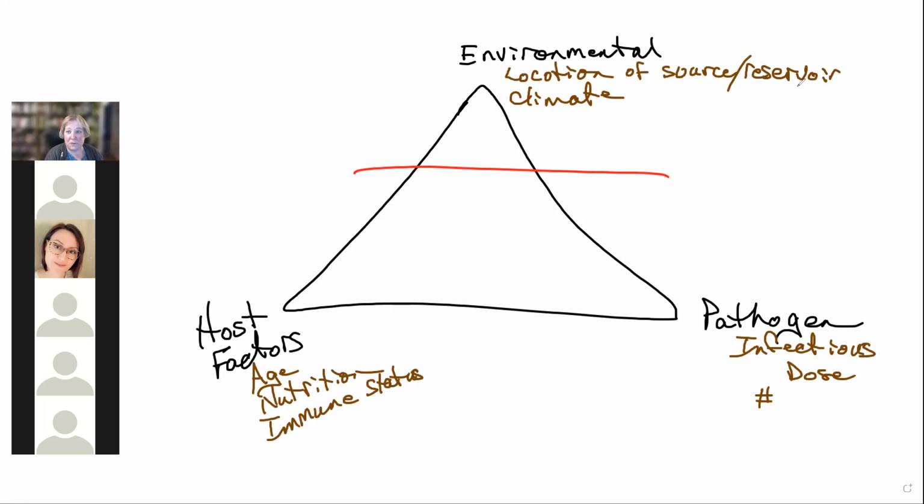Since it's the reservoir, we can't disinfect the lake, but we can keep people out of it. We can stop the pathogen through vaccination, and that can also go over here under host factors. We do our best for the vulnerable population to protect them from the pathogens.